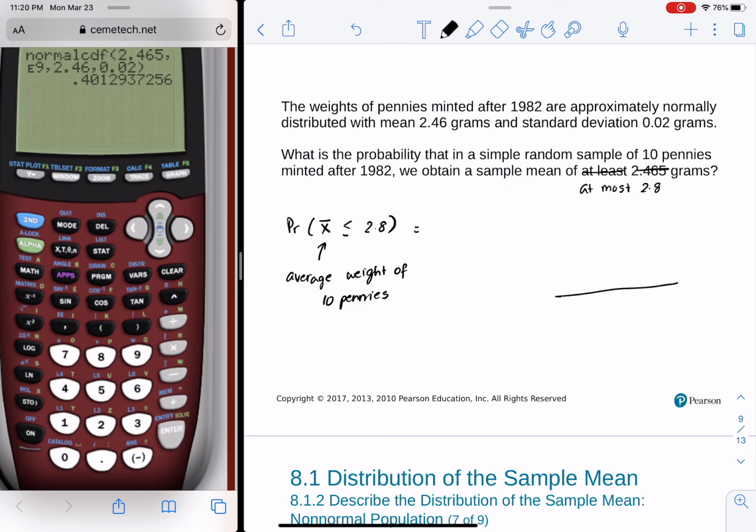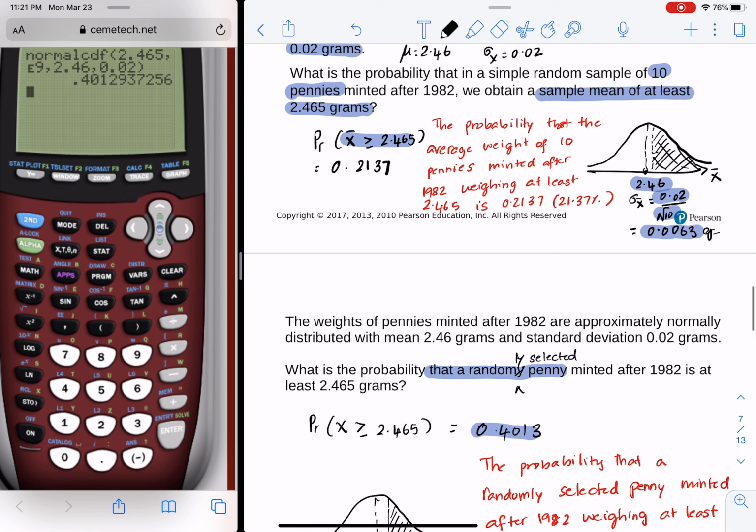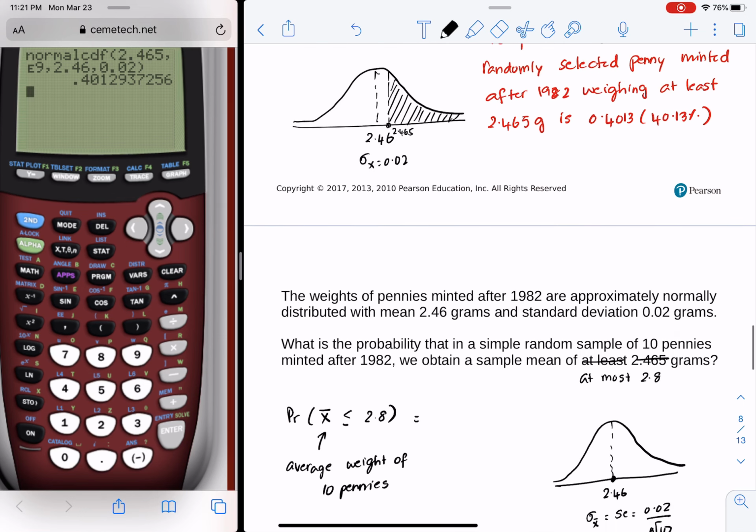So we could draw a bell curve again. The mean here is the same as an individual random variable, and the value is 2.46. The standard deviation, however, is the standard error, and that is 0.02 divided by square root of 10. And we found that value earlier to be 0.0063 right there.